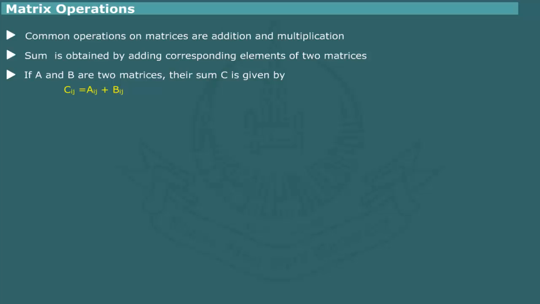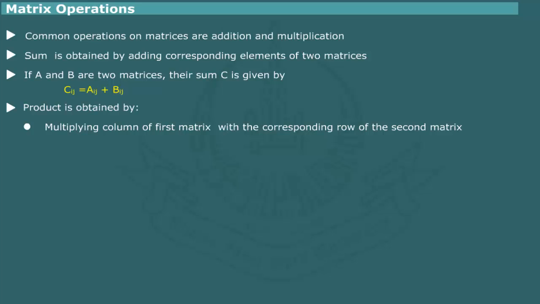Matrix multiplication is somewhat more involved. The product of a pair of matrices is obtained by multiplying all elements in the corresponding column of the first matrix with all elements in the corresponding row of the second matrix and adding together the products of elements.